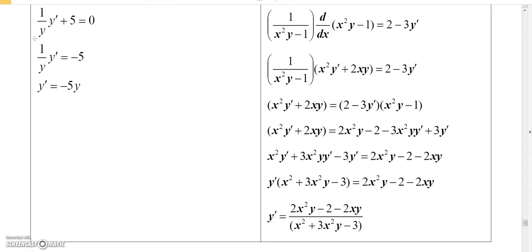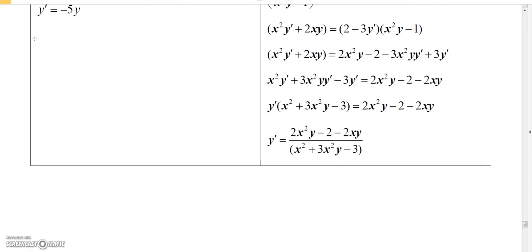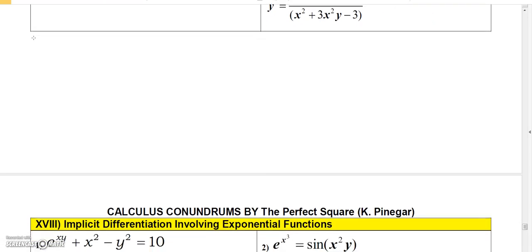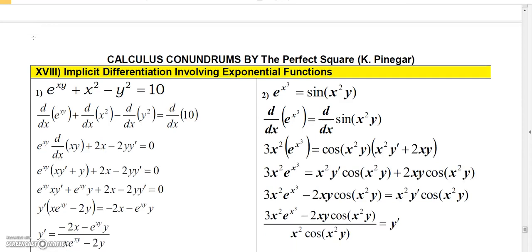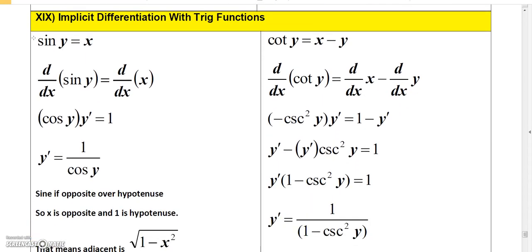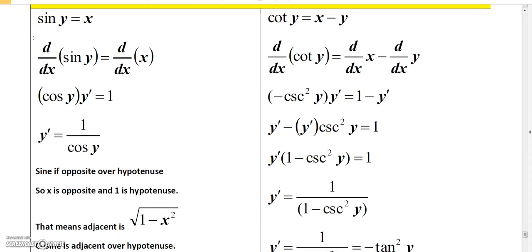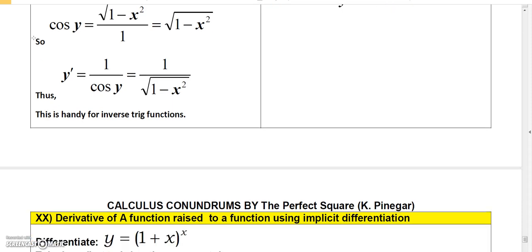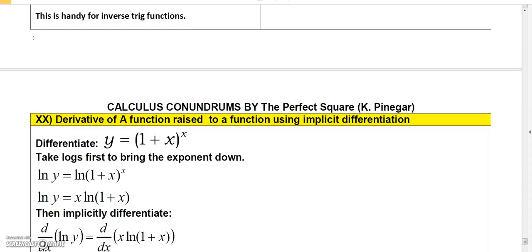So you'll definitely want to see those, because implicit differentiation is a form of differentiation that's covered in basically all calculus courses. Until you get to the implicit differentiation with trig functions, and those you can skip unless you're in a course that involves trig functions.